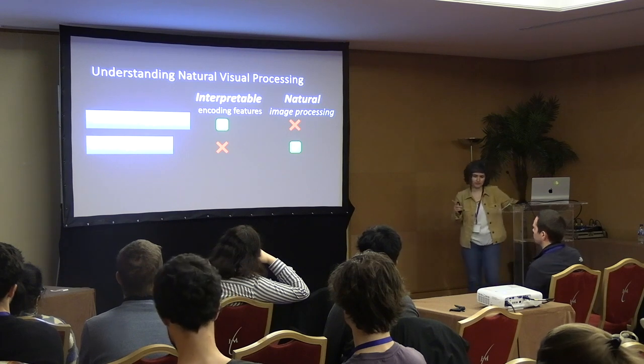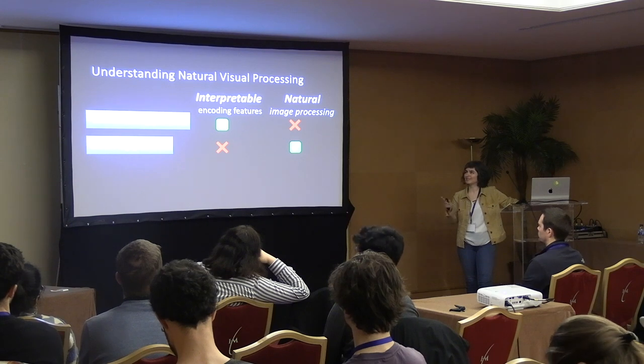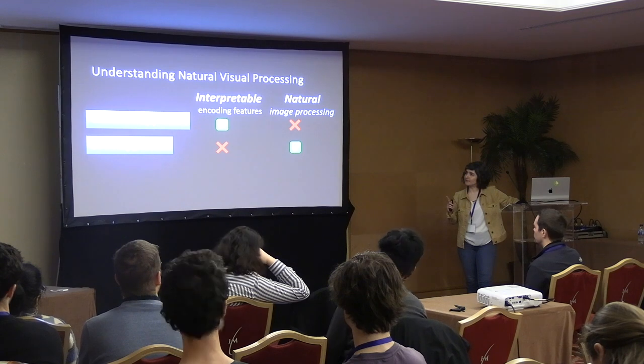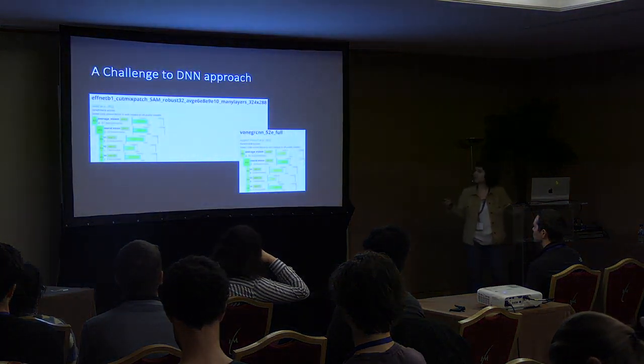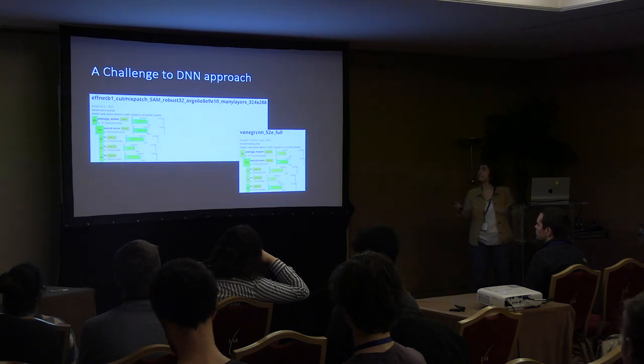But the problem with this approach is that the features are not interpretable. Interpretability is a loaded term here, as noted in the first talk, but I'm going to make the case that this is a problem for deep nets, as illustrated in this slide. These are two models in BrainScore.